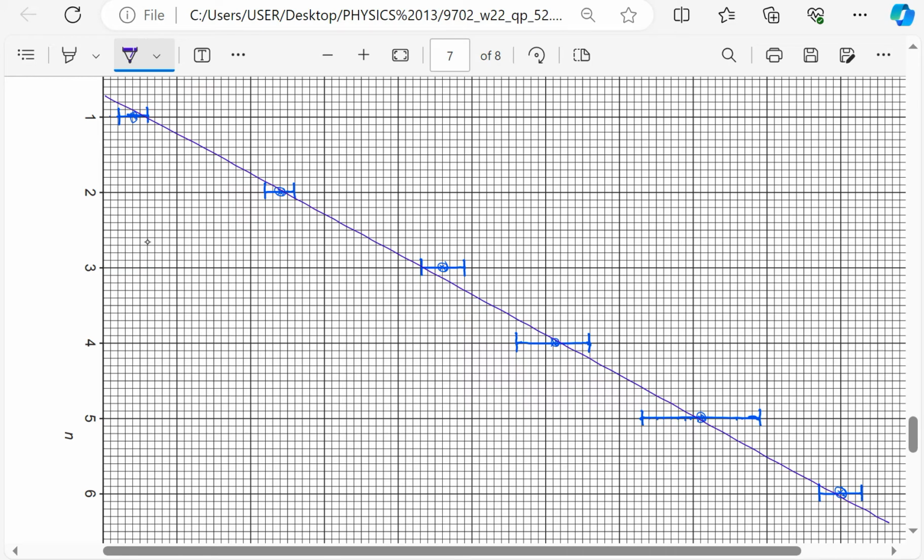One, two, three, four. Okay, this line can be rotated anti-clockwise.